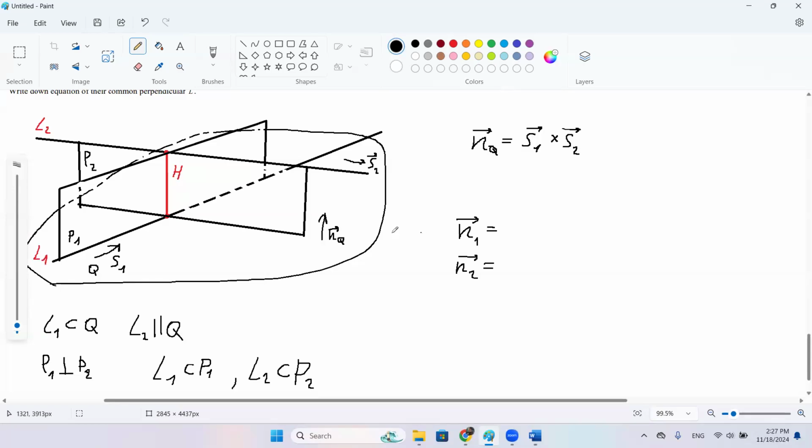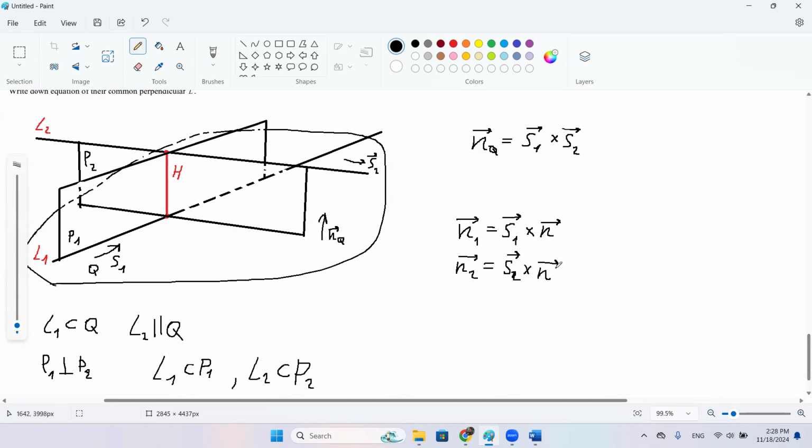And vector n1 is perpendicular both to nq and s1. It means that it can be found from this formula. And identically n2, the normal vector for P2.